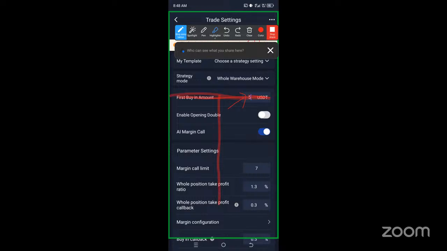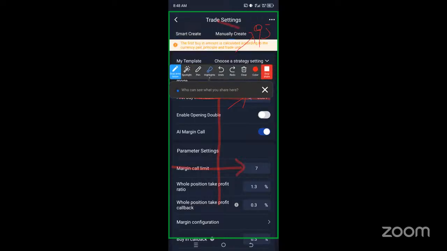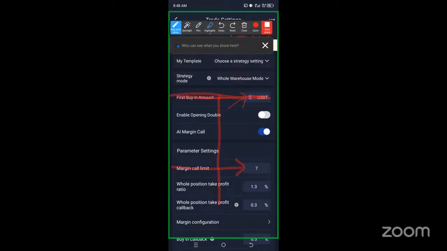That's why the system has now put a margin call limit, which means the number of times your reserve capital can be used to buy when the market goes down, at the range of $5 as first buying amount.